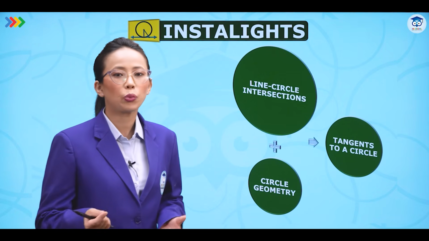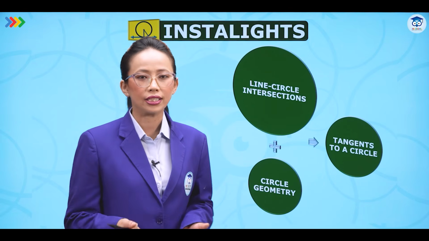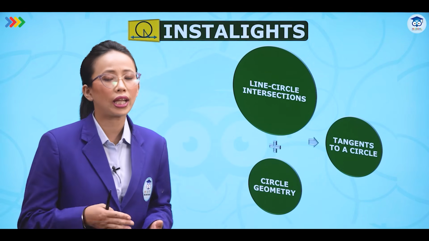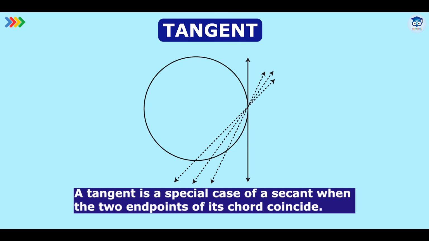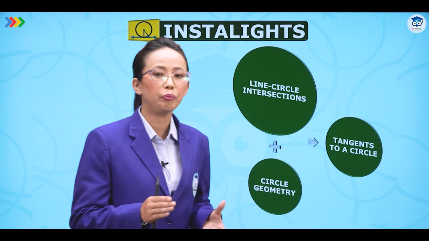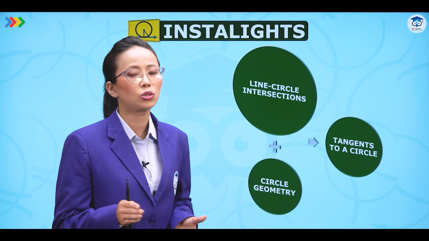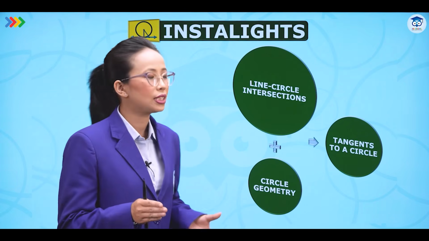If it cuts at 1 point, then we have a tangent. We also saw with an activity that there is a unique tangent. A tangent is also a type of secant, where the 2 meeting points become 1 point. We have also learned that the radius is always perpendicular to its tangent.